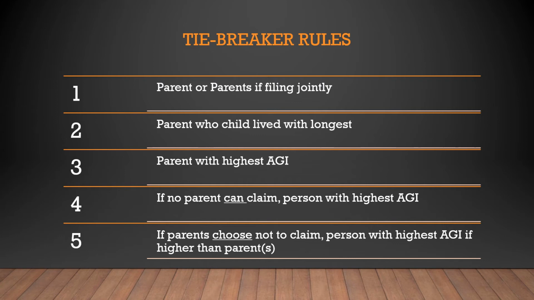If for whatever reason it was just 50-50, then the dependency would go to the parent with the highest adjusted gross income.